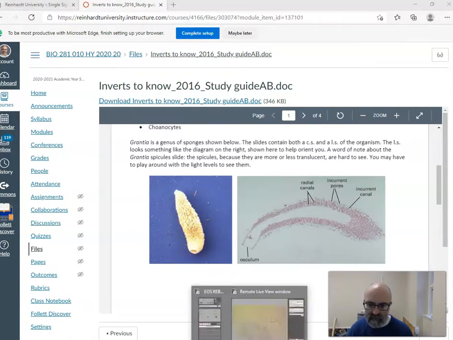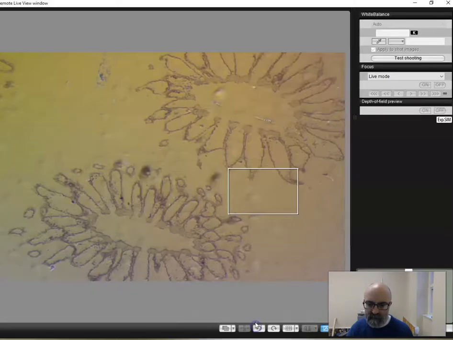Going back to our slide, a lot of this is just figuring out how to make correspondence between what you're seeing in the book and what you're seeing on the slide. So here are those ostia, the little openings on the side that go into the spongiocele. And then the water would come up sort of out of the screen.